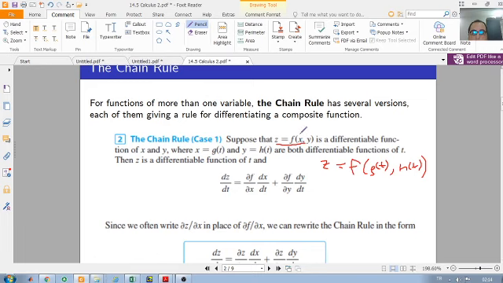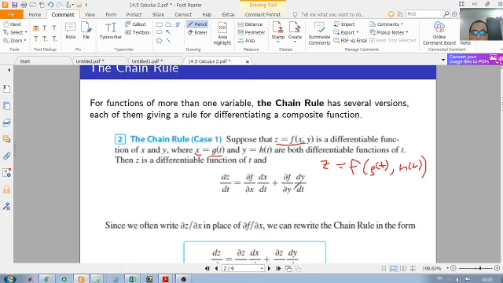namely we take the derivative of the inner function. Namely here, for the first term, we consider the variable y as a constant for finding the derivative of f with respect to x, the partial derivative. And then we take the derivative of x with respect to t, since it is a function of t.